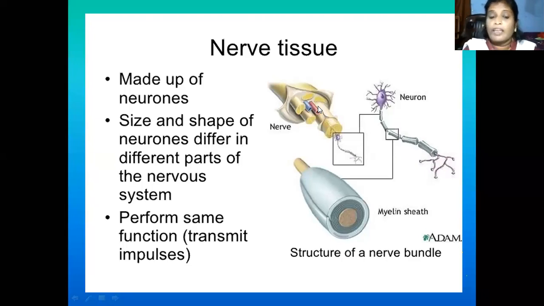The nervous tissue performs the same function: it transmits information through all parts of the body. The nervous tissue gives us signals and messages.